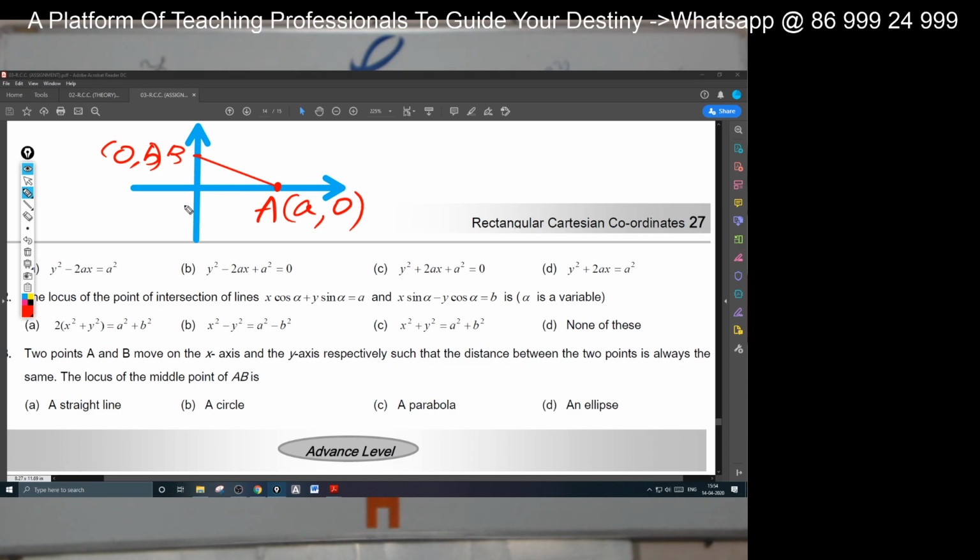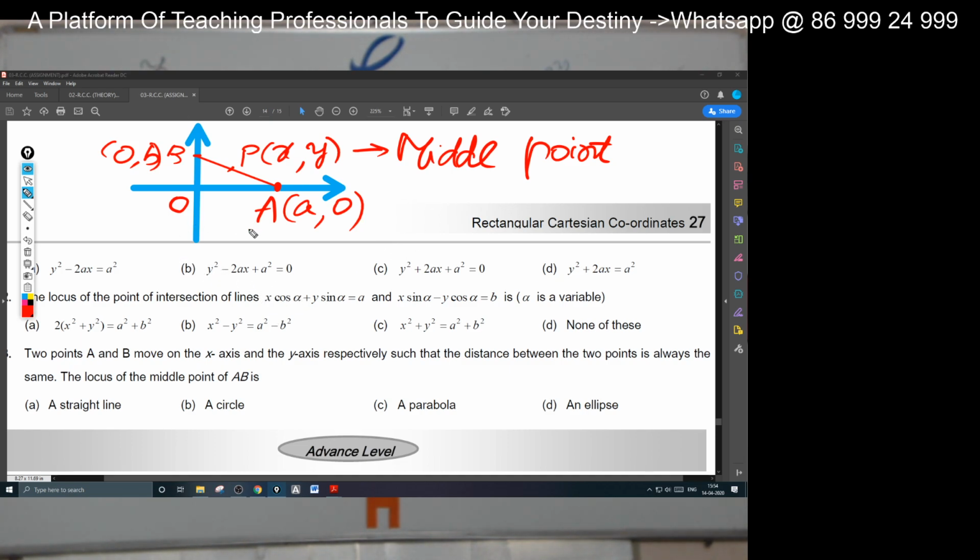So what the question is asking here is the locus of the middle point of AB. Good question. Let it be x comma y. Middle point, don't forget. Now, what is the midpoint formula?